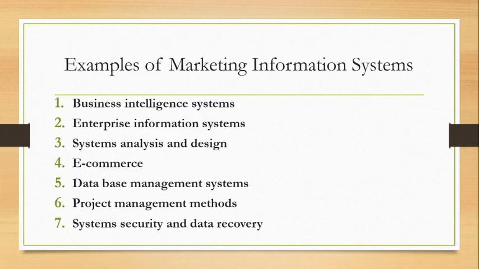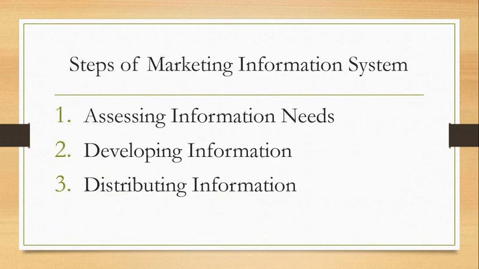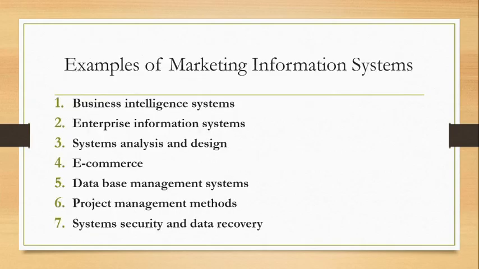Now the last part of my slide talks about examples of marketing information systems, based on all three things that we have seen from the beginning related to the steps in a marketing information system: assessing the information need, developing information and distributing information. We have to see examples of different marketing information systems.